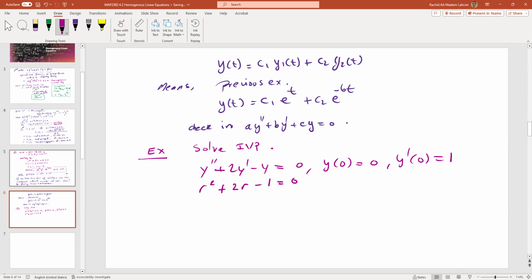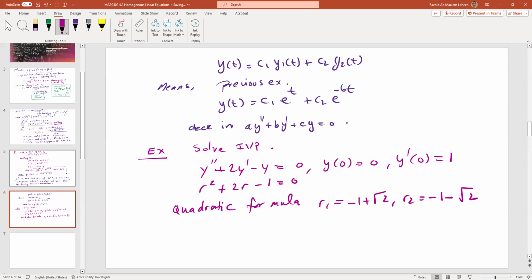So using the quadratic formula, you get r1, this, and r2. So pause the video and check them out and simplify and see if that's what you get.